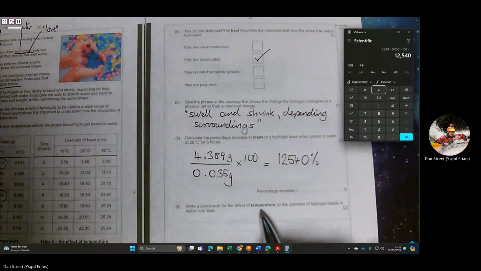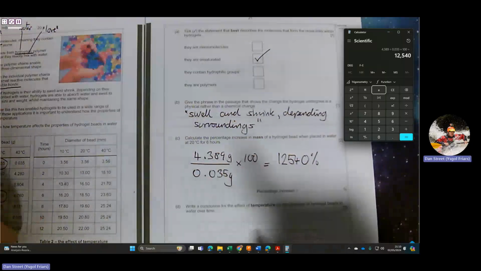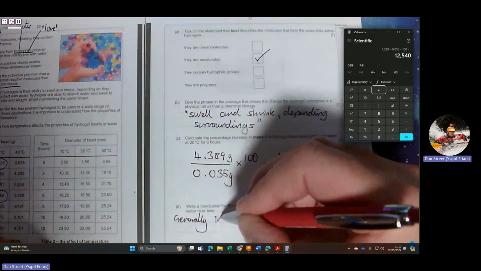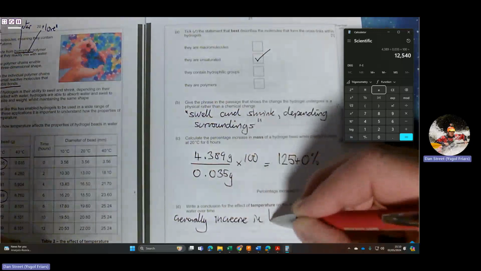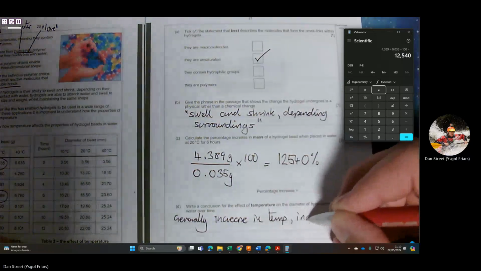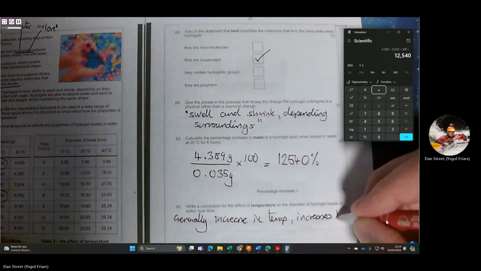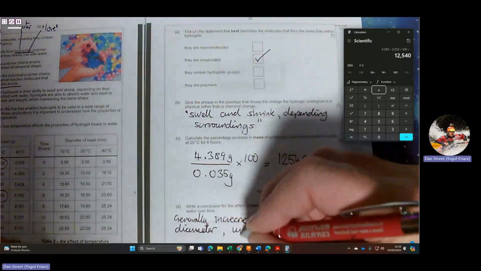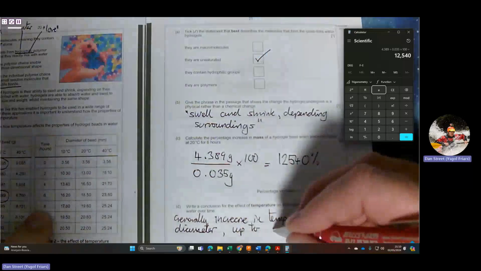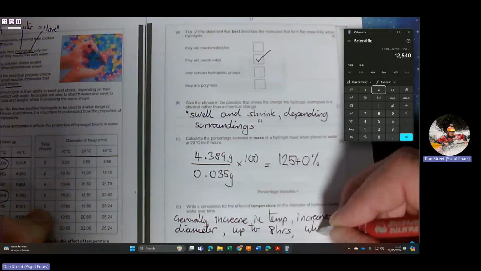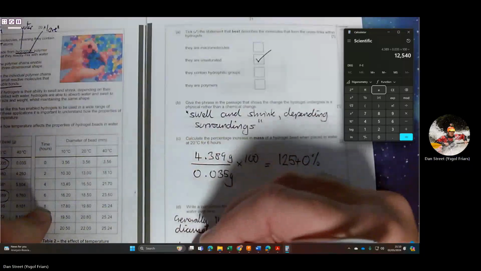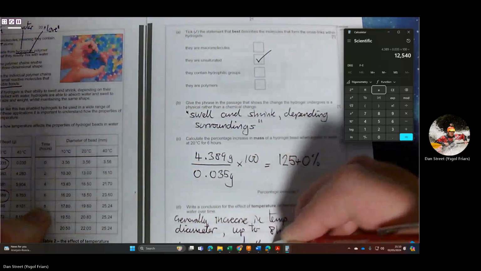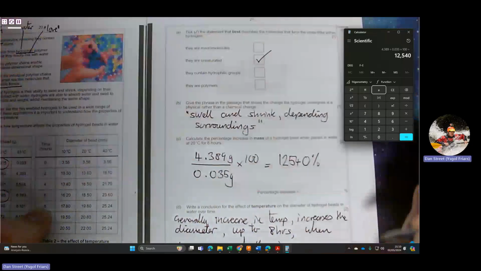Okay, so as we mentioned earlier, generally an increase in temp increases the diameter up to 8 hours when at 40 degrees Celsius, no further increase happens.